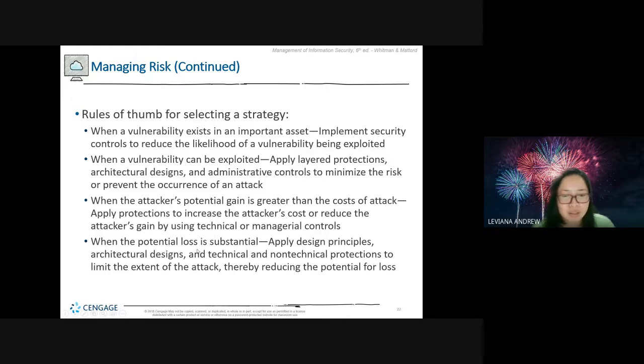When the potential loss is substantial, when the potential loss can cripple the system, or when the potential loss or damage is very costly or too big, you need to apply design principles, architectural design, and technical and non-technical protections to limit the extent of the attack.